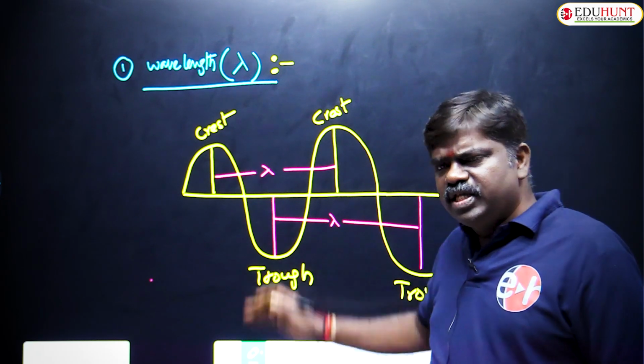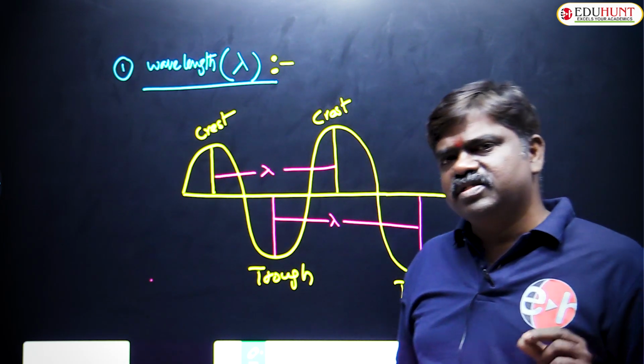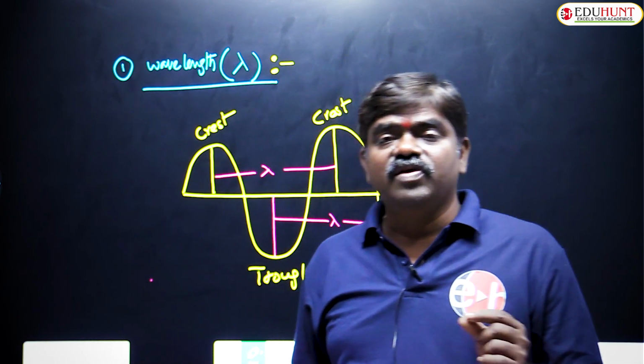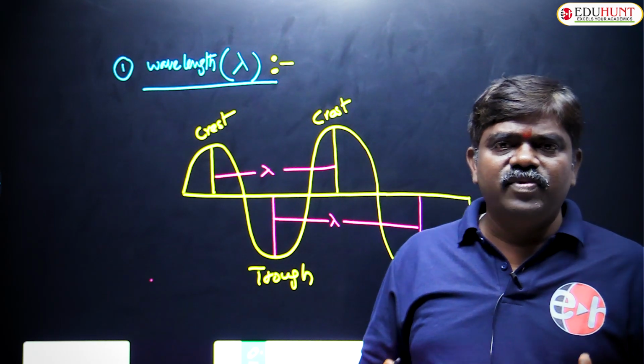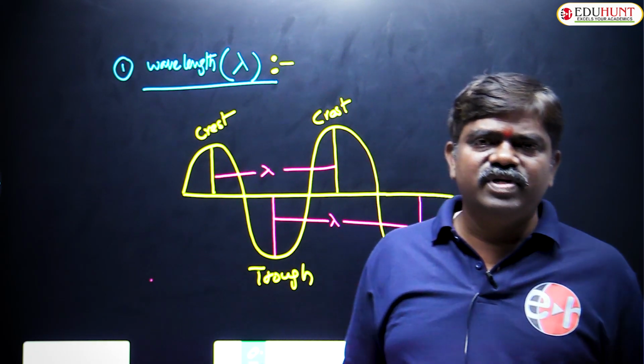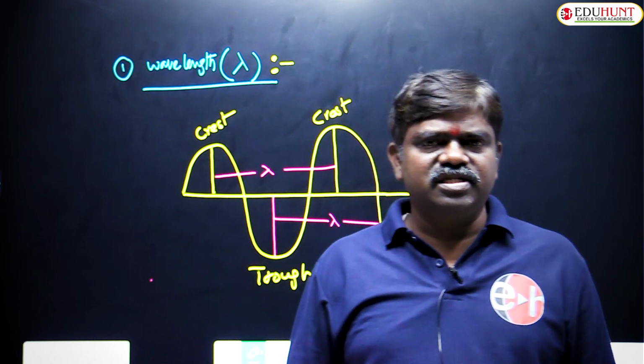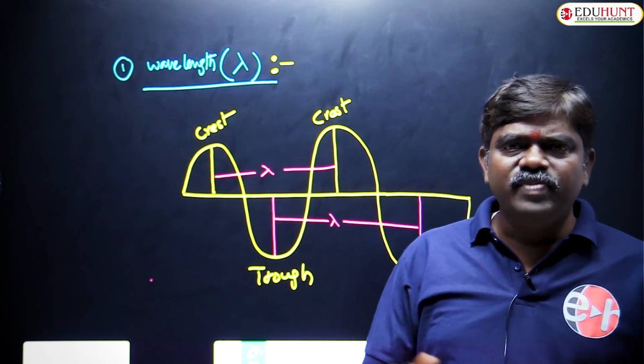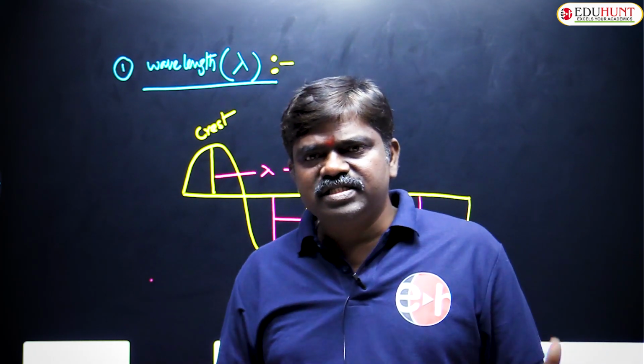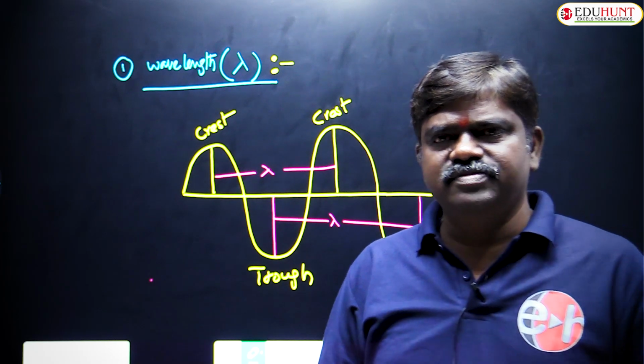A wave is a very small distance, and it is known as wavelength. It always indicates the distance between two successive crests or two successive troughs.